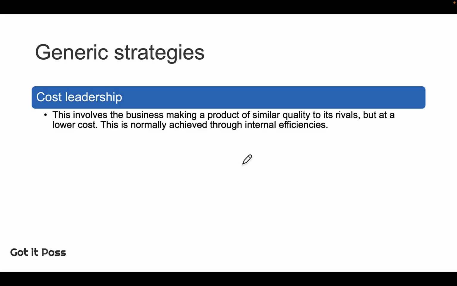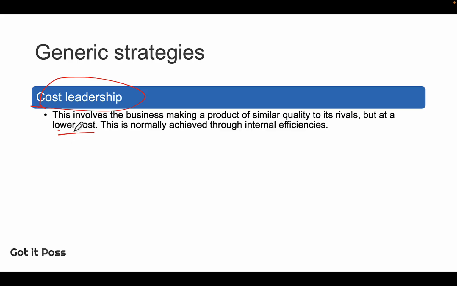The first one is cost leadership. This involves the business making a product of similar quality to its rivals, but at a lower cost.